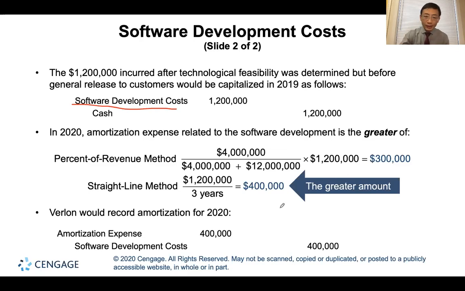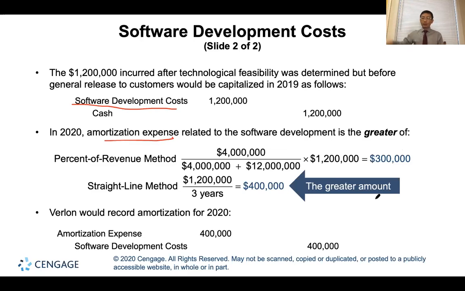So in this case, it's amortization expense, so the greater is better. Why use this conservatism principle? Because GAAP doesn't want big volatility of earnings.